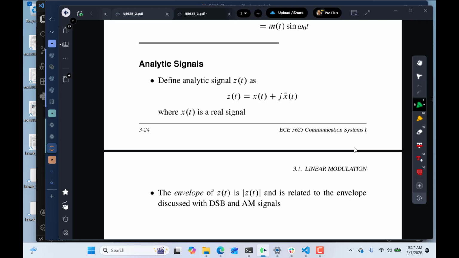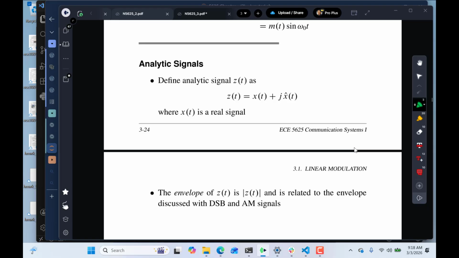And why did I want to do it? It's because EEs spend so much time with complex numbers, and I thought, this will be fairly straightforward. Turns out we only scratch the surface of complex variables in electrical engineering most of the time. So we study a lot of properties of complex functions, and an analytic signal is one such signal that we bump into.